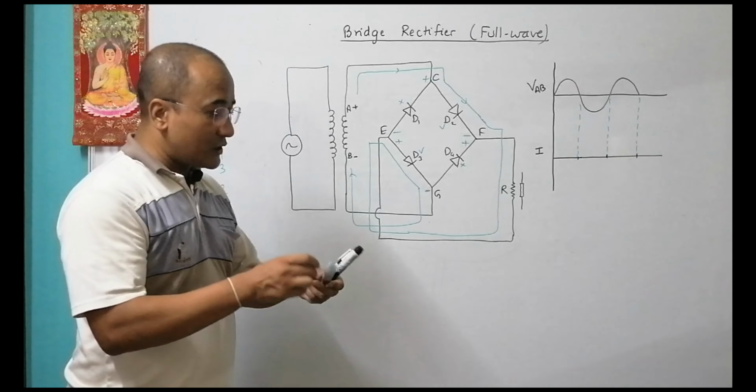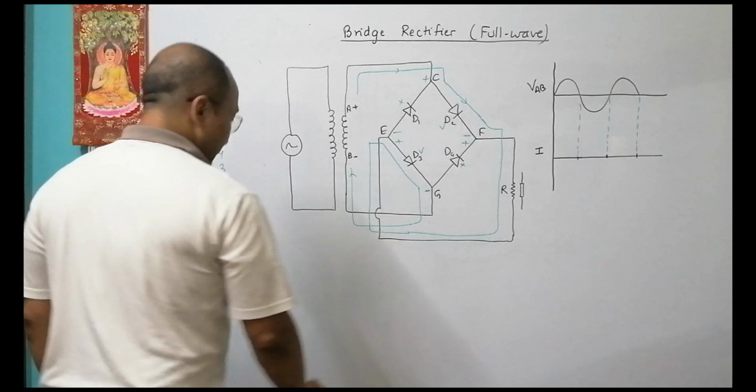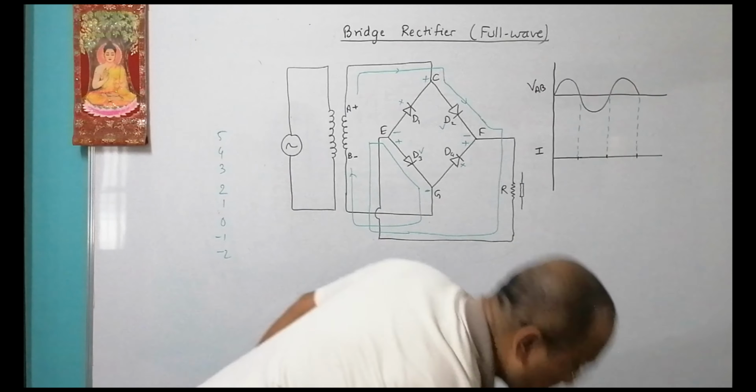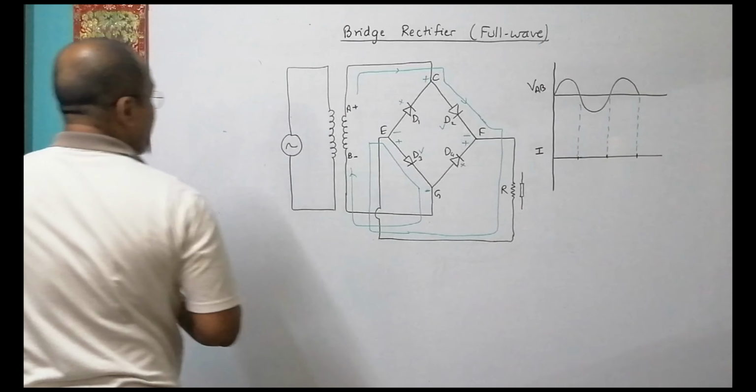So the flow of charge will be, let me write it somewhere, along the path. Let me write alphabetically.